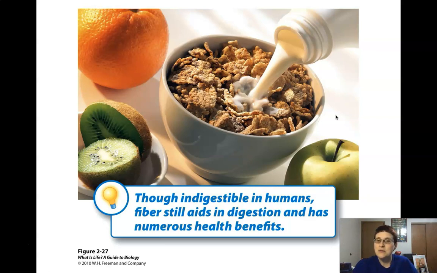Because the other name for cellulose is fiber. You may have heard you should consume your fiber to keep you regular, something like that in all of those commercials for Metamucil and so forth. And the thing is that fiber aids in human digestion.